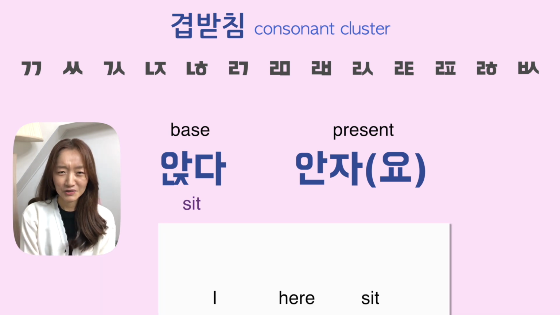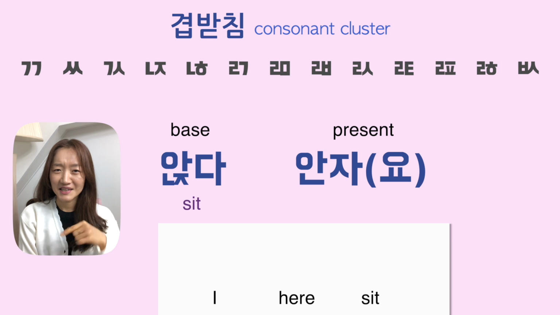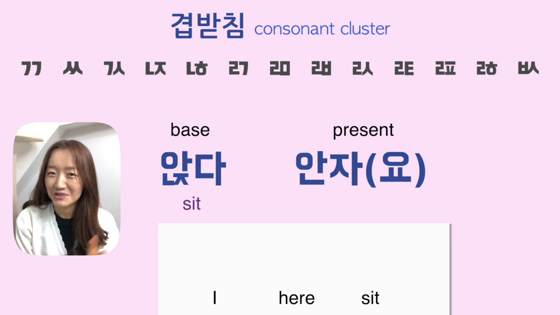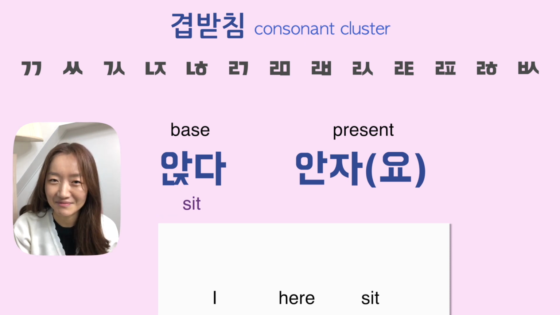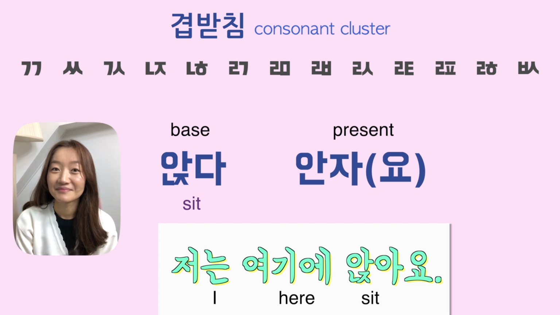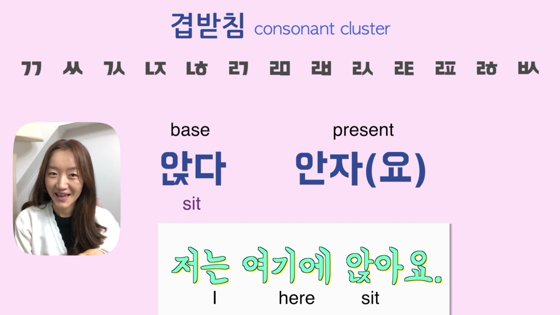앉아요. How do you say, I sit here? You actually learned all these words. You learned 여기 when you learned the expressions for restaurant and shopping. So you can say, I sit here. You can say that now in Korean. What is it? 저는 여기에 앉아요.